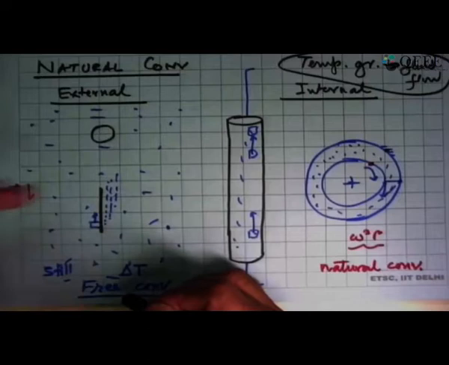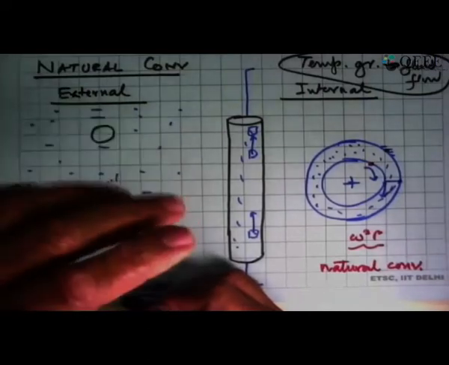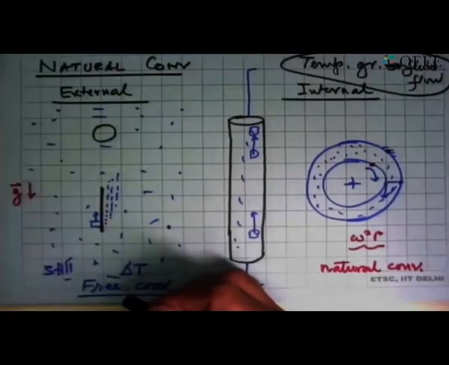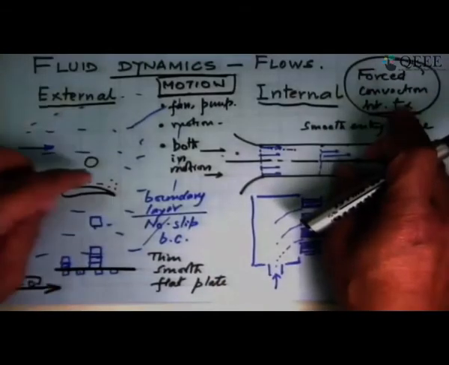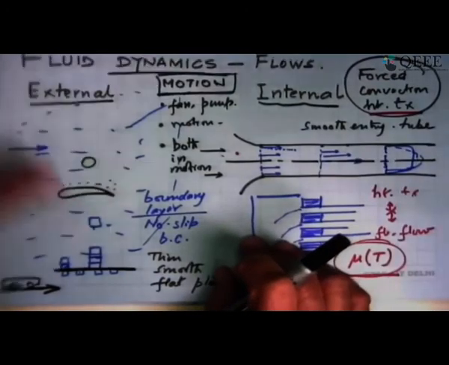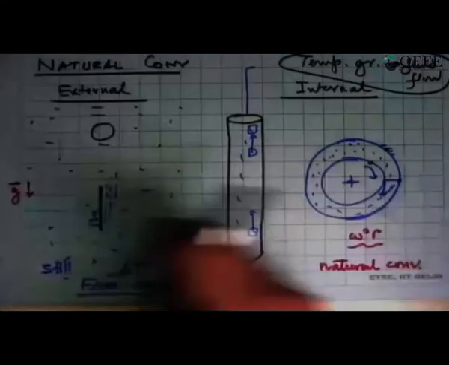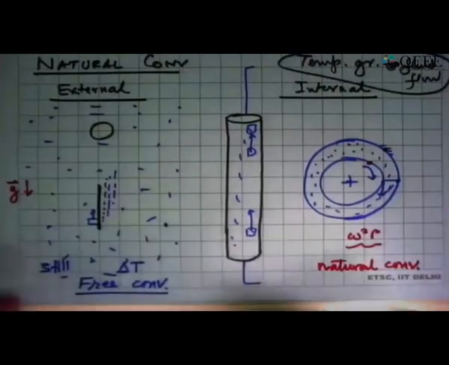So the nature of the equation has undergone a major change when we look at natural convection, something that was not happening in forced convection. The temperature did not directly come into the momentum equation at all. The effect of temperature on properties is very much there here also. So that's something we have to consider.